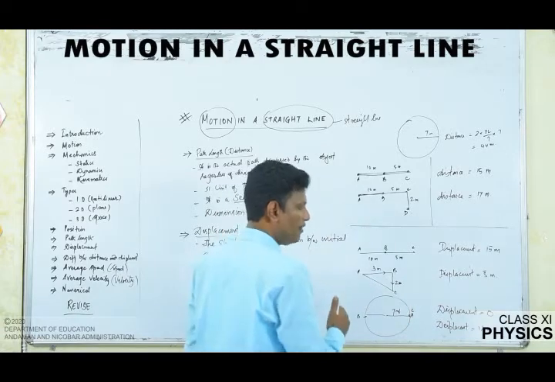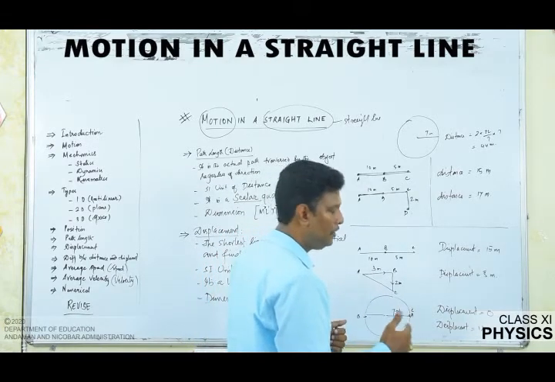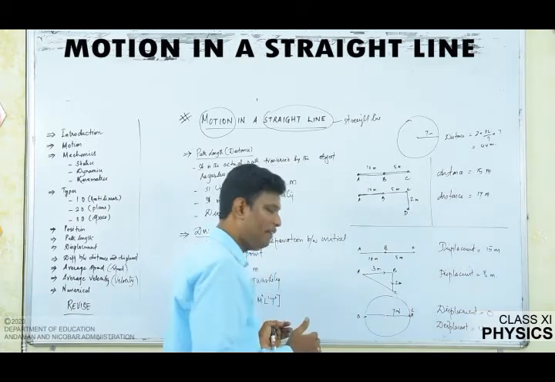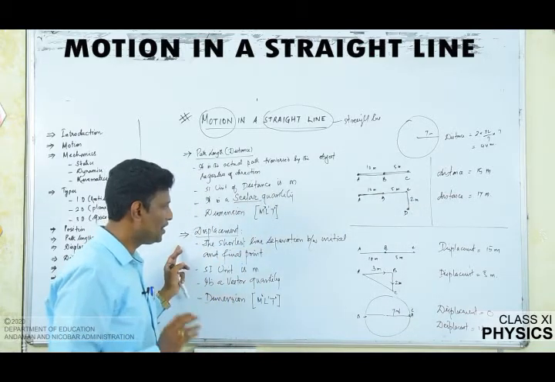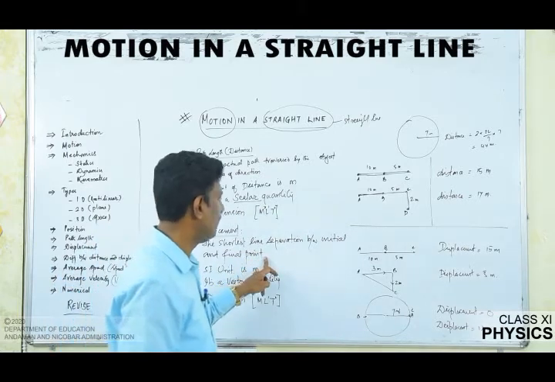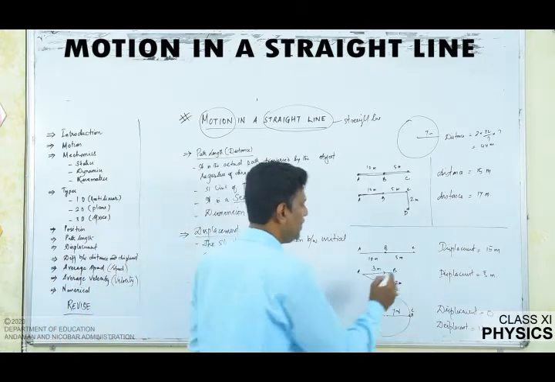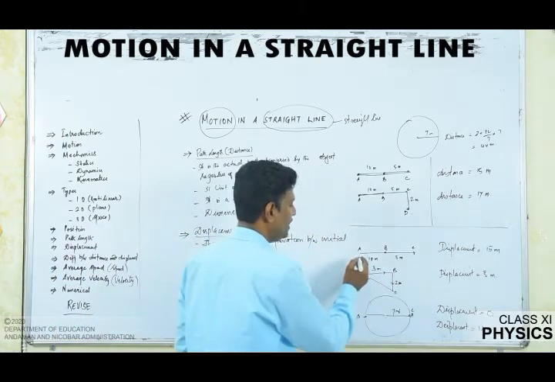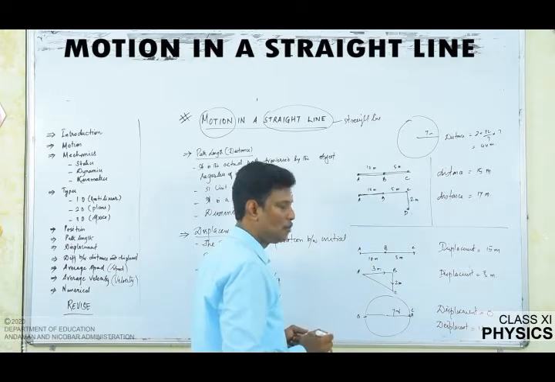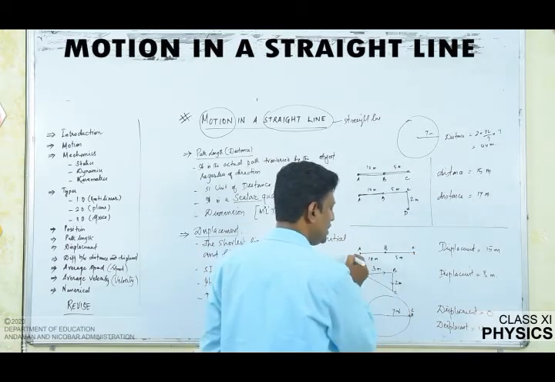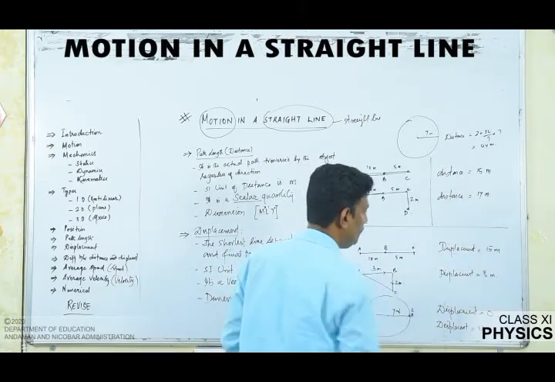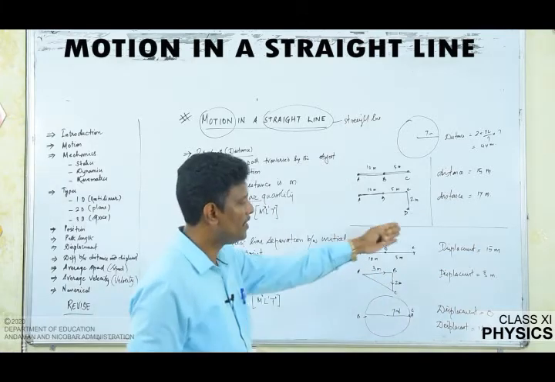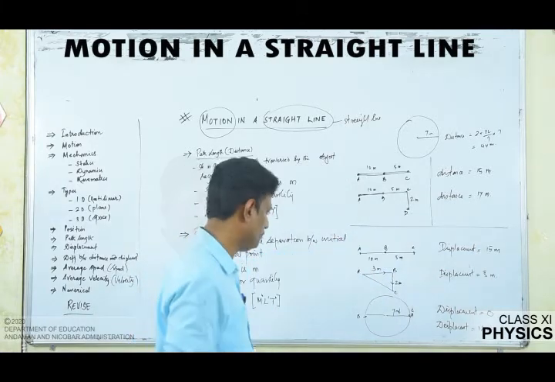A body is moving from A to B and B to C. Finally, what we need here is 2 points only: one is the initial point, another is the final point. What is the final point here? C. And what is the initial point? A. So, already it is in a straight line, so we have to add this. 10 plus 5 is equal to 15 meter. So we can say the displacement here is 15 meter.